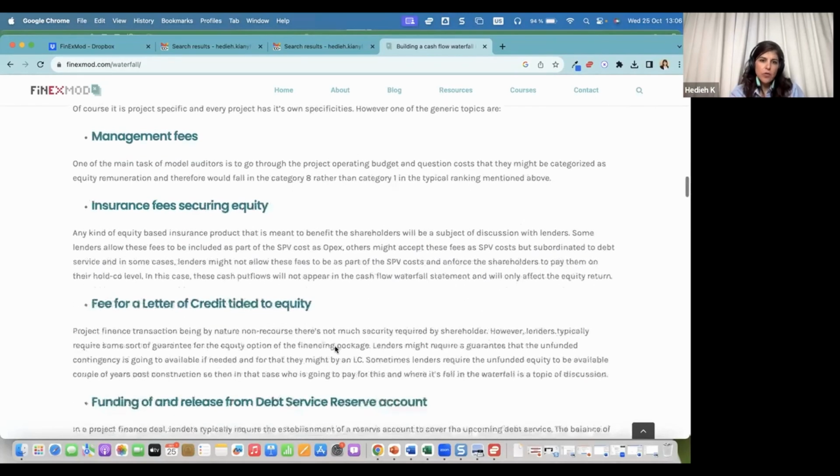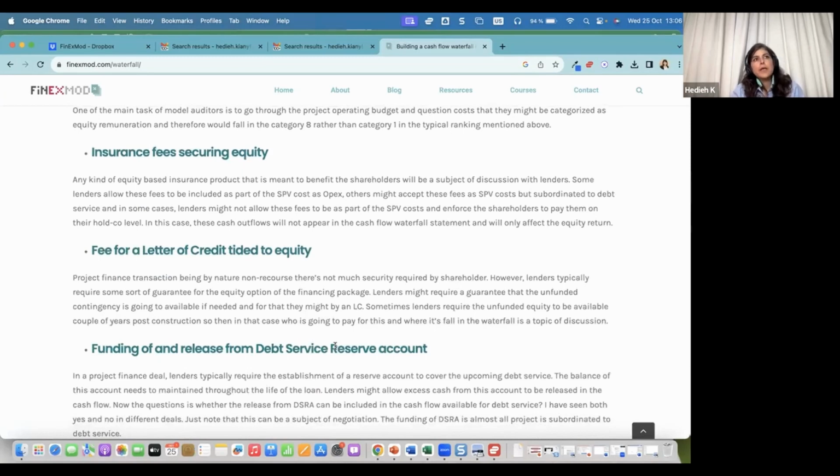And the same thing also applies for the LC fees for different kinds of equity obligation, because you know that there are different kinds of requirements by lenders for the sponsors to provide some kind of contingent equity.